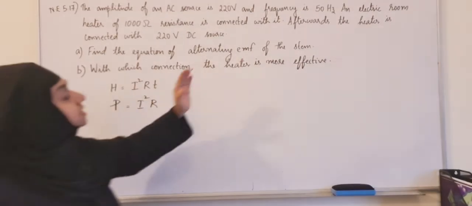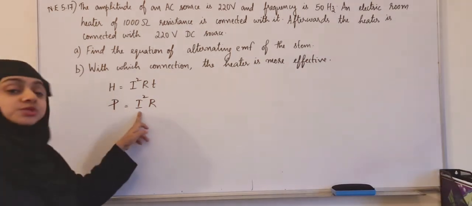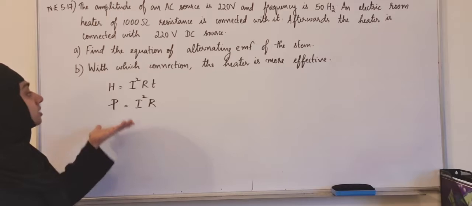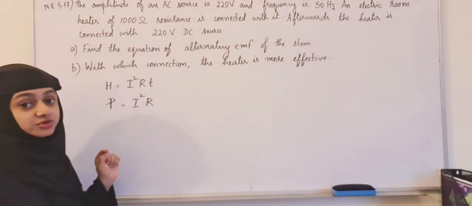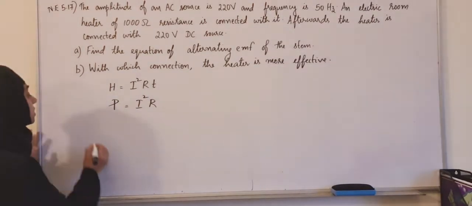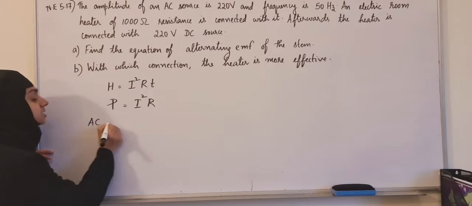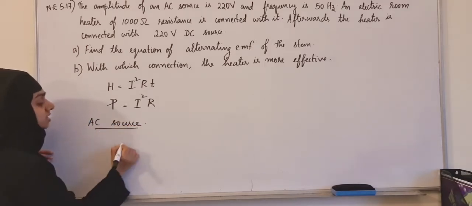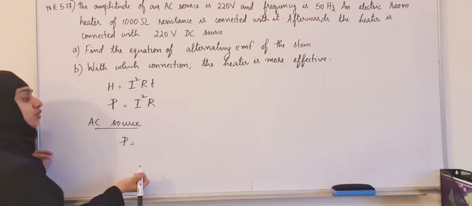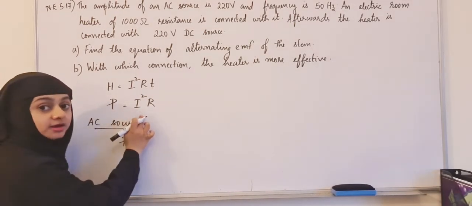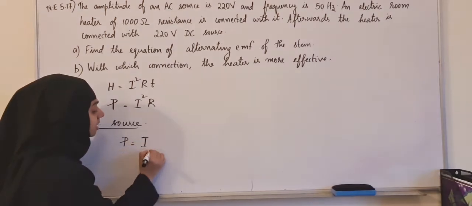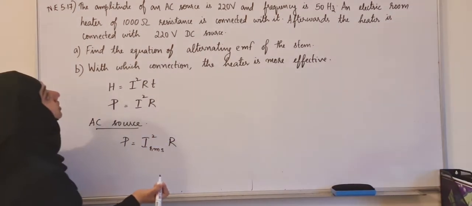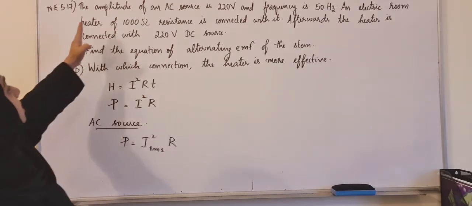Now if it is DC, we can directly use the value of I or voltage, and if you are given AC, you have to take the RMS value. So let us first consider the AC source. For the AC source, the power will be equal to, we have to take the RMS value, so I RMS square times R. Is I RMS or I given?